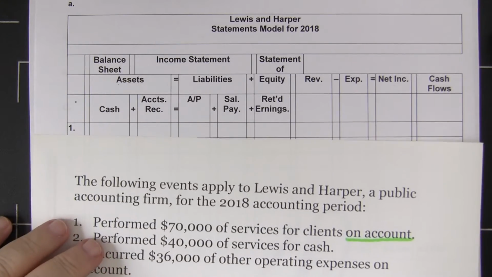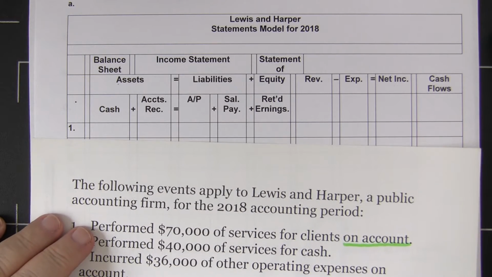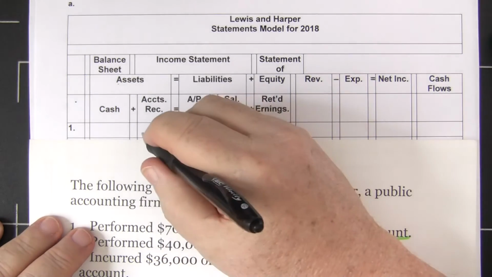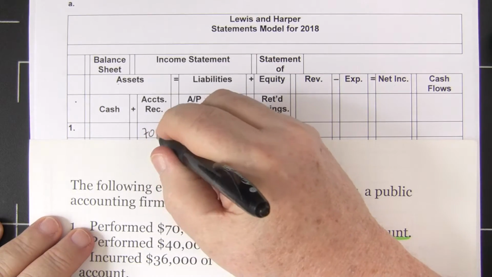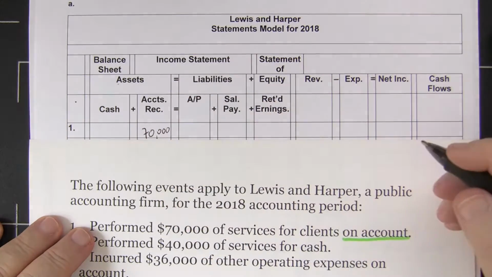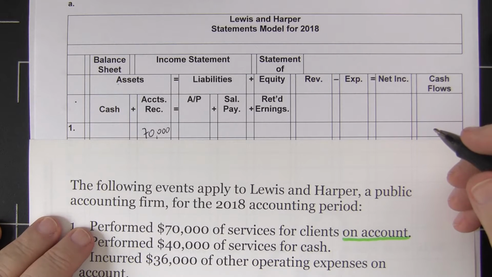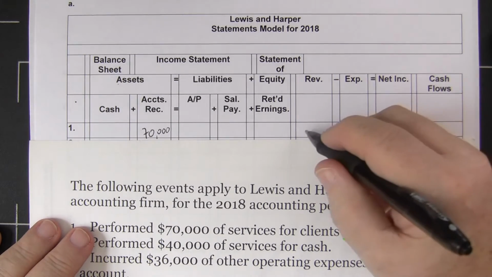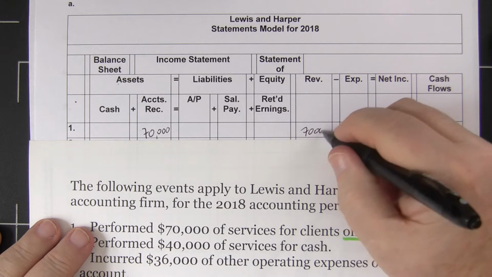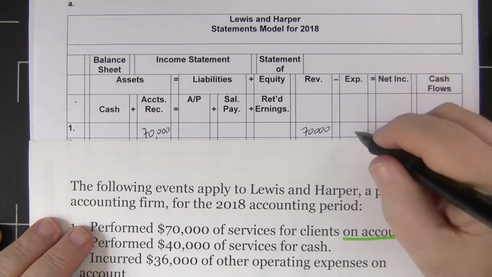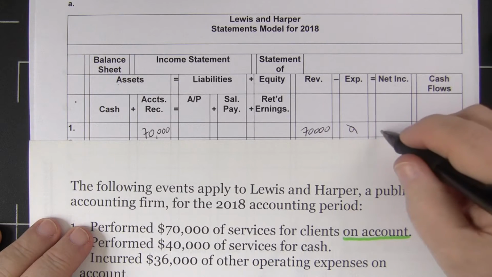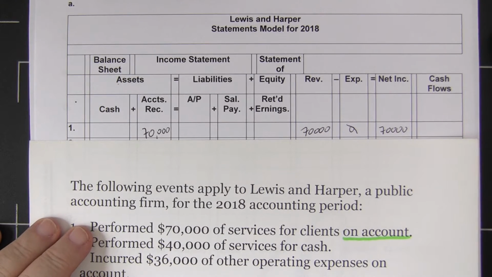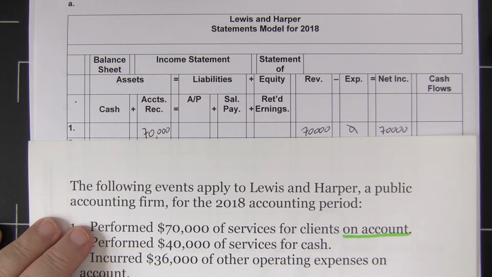Our asset, the item of value that we earned by doing those services, is accounts receivable, $70,000, and that's revenue of $70,000. We have no expense to put against it yet, so right now the whole thing is net income, but we know that's going to change.